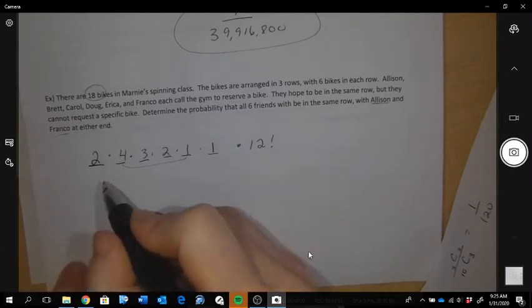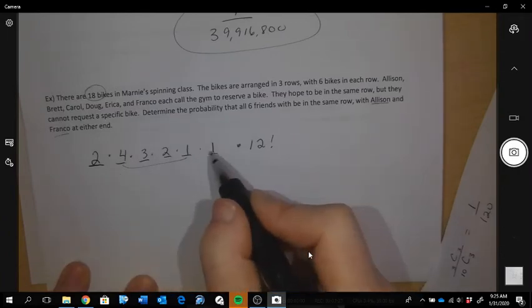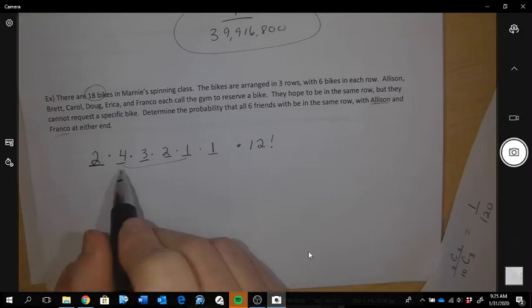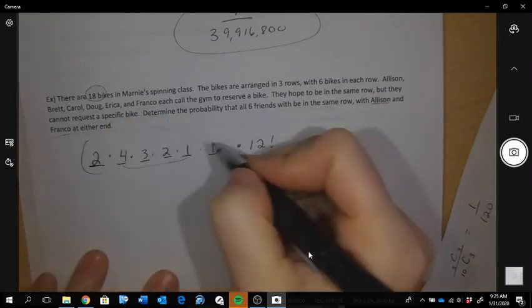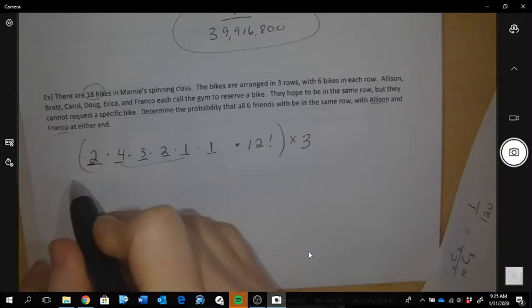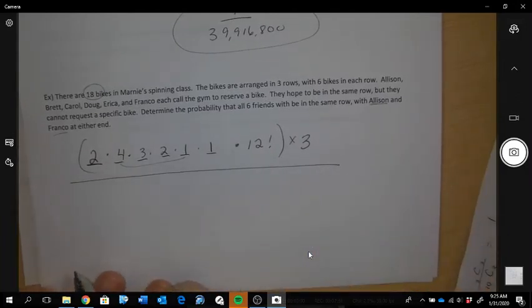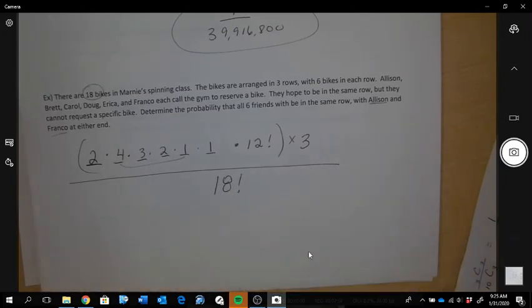Okay, but that's just if they're in row 1. They could have also done this same combination or permutation in row 2 or in row 3. So we're going to consider that. Okay, so that's all of the permutations that would have been possible for this situation divided by the total permutations that could have existed, which would have been 18 factorial.